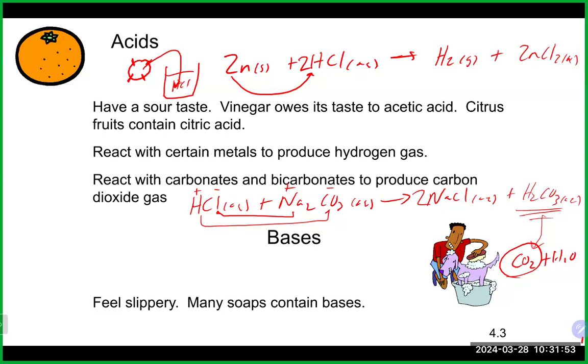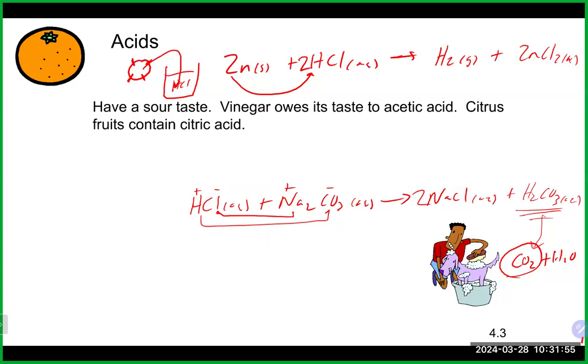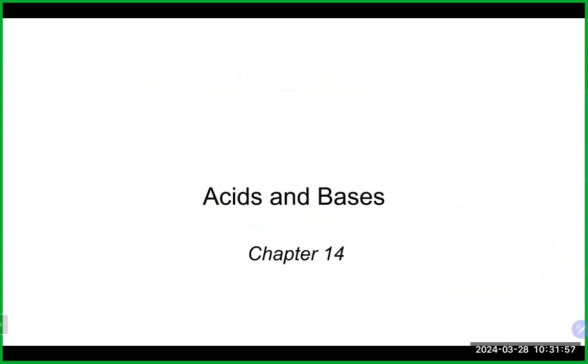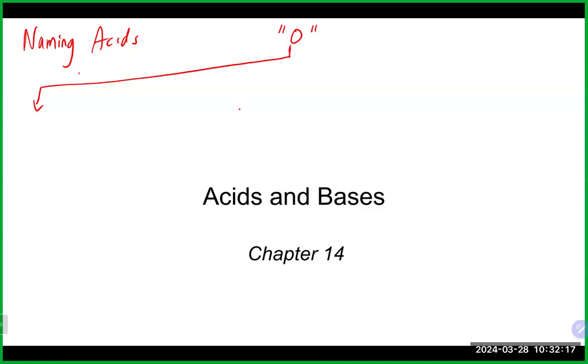Now, speaking of acids, we should also review really quickly the nomenclature of acids, right? Naming acids, just to make sure you get them right. As you might remember, acids revolve around whether or not there is oxygen in the acid. If the answer is no, there is no oxygen, then the acid should be hydro-something-ic acid.